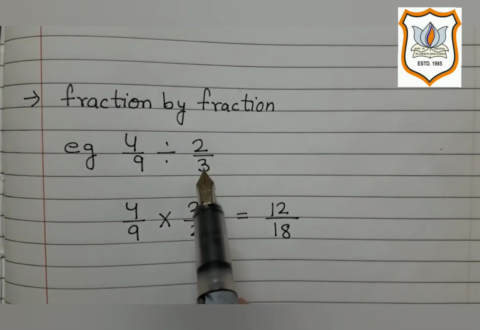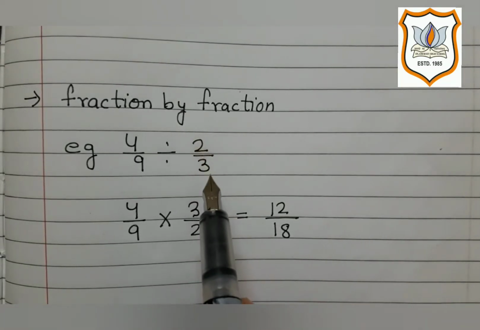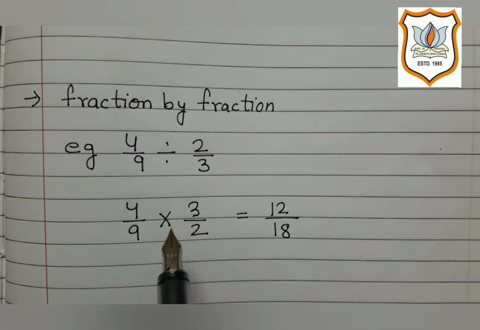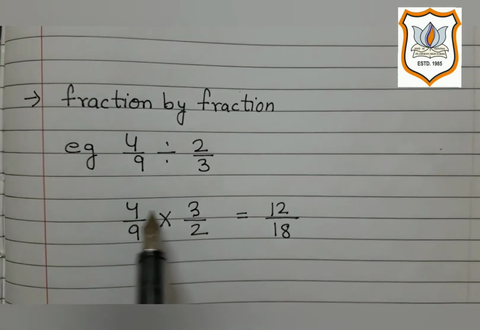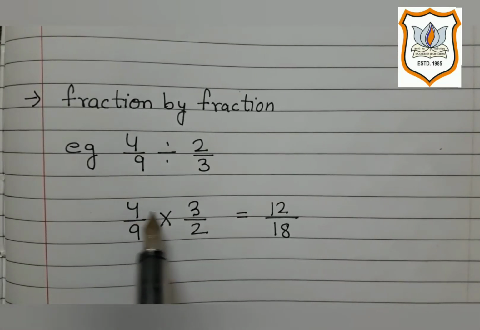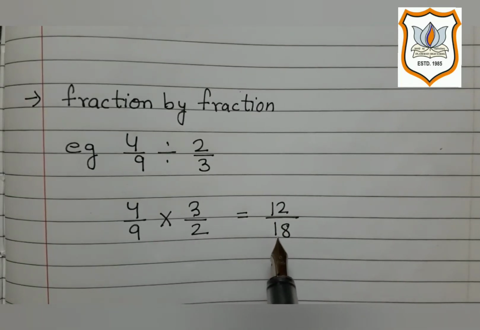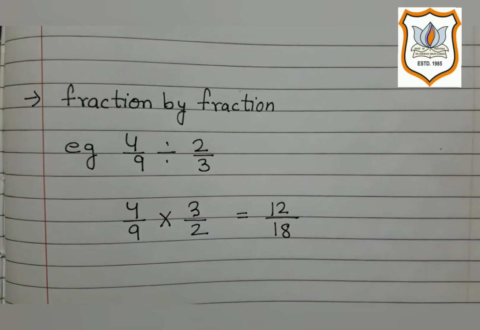That means the denominator will become the numerator and the numerator will become the denominator. So the fraction will become 3 upon 2. Now we multiply numerator by numerator and denominator by denominator. That means 4 into 3 is equal to 12, and 9 into 2 is equal to 18. So the answer will become 12 upon 18.